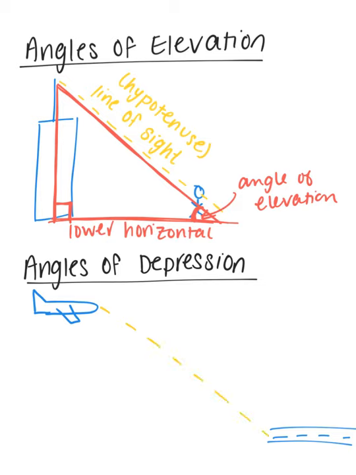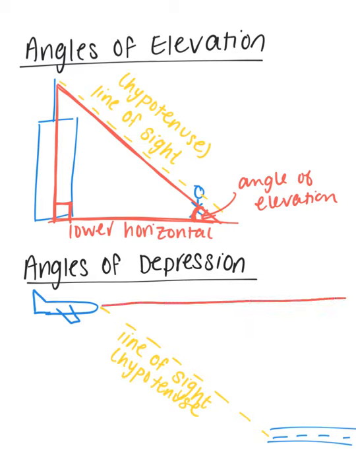And again, that's still going to be our hypotenuse. Line of sight, hypotenuse. Okay. But now I need to draw in the sky as the upper horizontal.